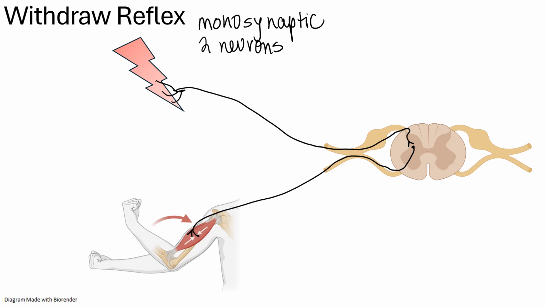At the same time as the flexors are contracting, actually the extensors are being inhibited. This inhibition guarantees the quickest and strongest withdrawal reflex.